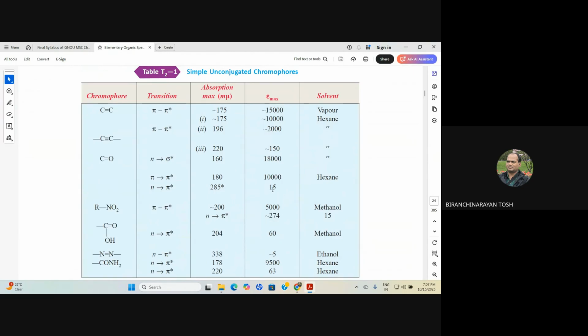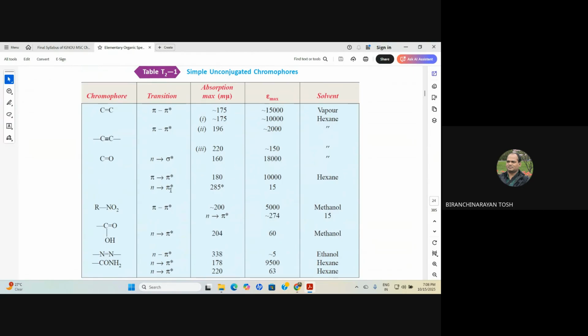You can see here the carbonyl group absorbs at 180. The molar extinction coefficient is maximum there; pi to pi star is at 180, and epsilon max is 10,000 or 18,000. So this is the actual peak.